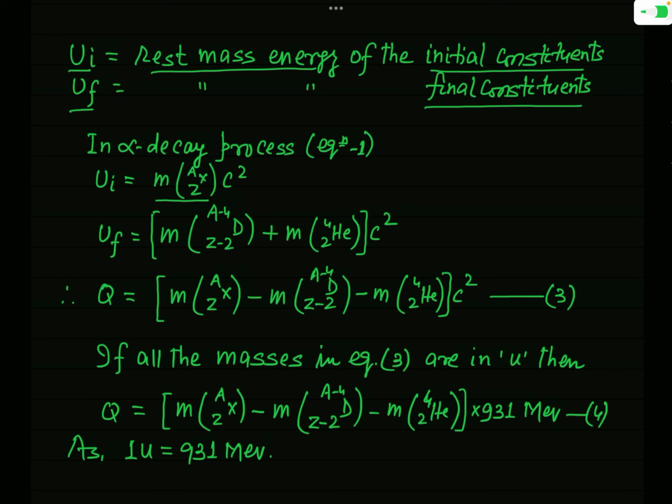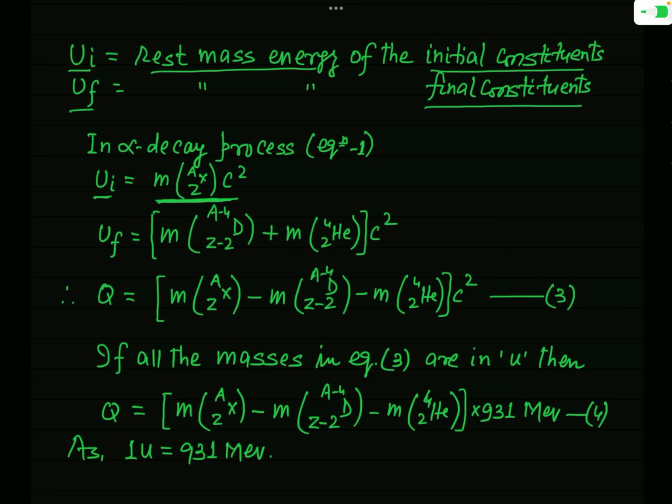When you multiply this rest mass by c square, you will get the rest mass energy. According to Einstein's mass energy equivalence relation, if mass is multiplied by c square, where c is the speed of light in free space, then you get the rest mass energy. So the rest mass energy of the initial constituent in this nuclear process will be m of ZXA times c square.